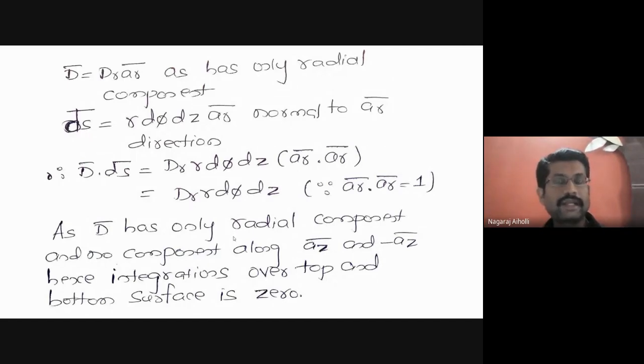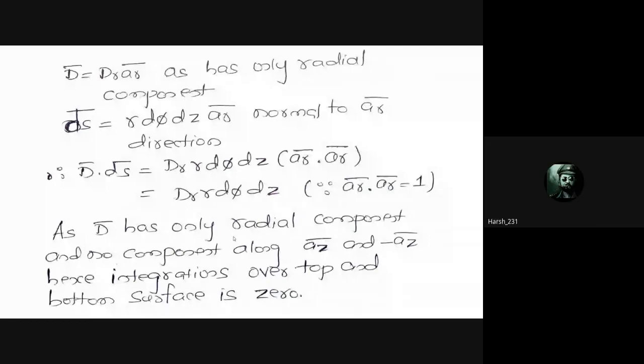What about the electric flux density component along the plus z axis and minus z axis, that is, for the top surface and the bottom surface? What will the integration of D bar dot dS bar over the top surface and over the bottom surface be? It is 0, right?